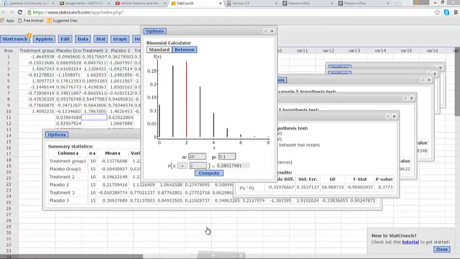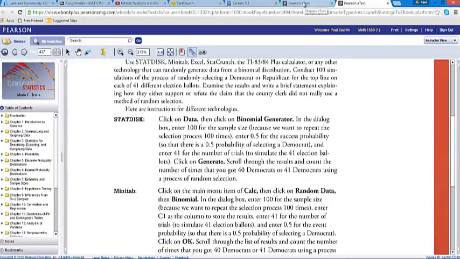So I think I'll do one more thing with you here. I want to talk about the Chapter 8 project a little bit. So the Chapter 8 project is on page 437, talking about the Chapter 8 chapter project. It says we're going to have 41 different election ballots, and the question is, how many of those are going to have Democrat at the top?